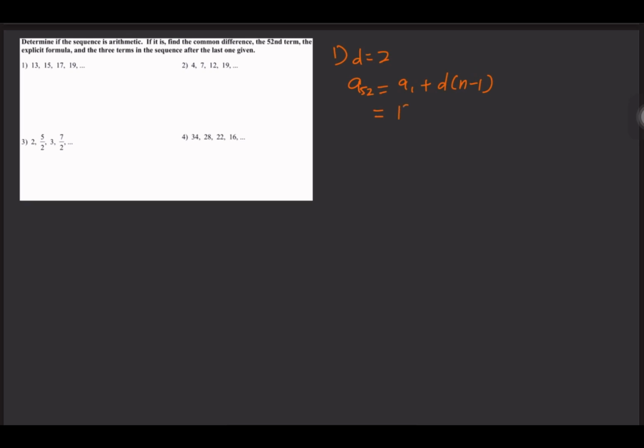So in this case, 13 plus 2, we want to find the 52nd term, 52 minus 1. So we will get 115.